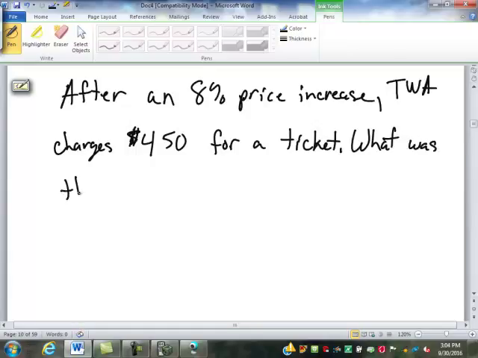What was the price before the increase? So in your notes, see if you can figure that out for me.